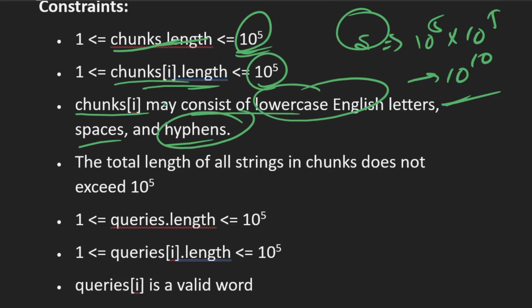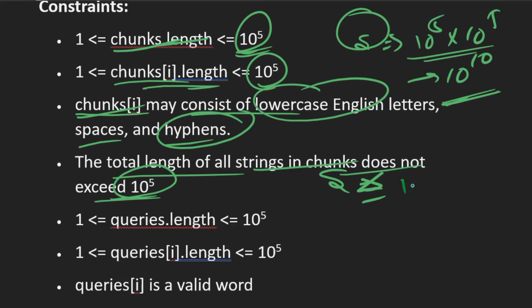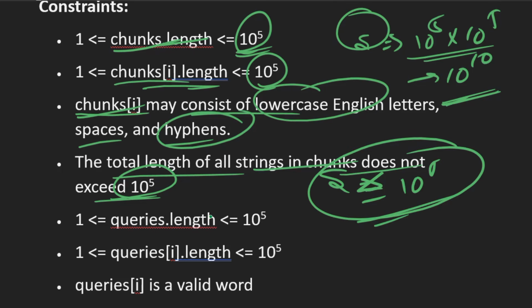These three things can be present in each chunk. And the total length of the strings in chunks doesn't exceed 10^5. That means here we are getting 10^10, but it is given that the length of s is less than or equal to 10^5 only.